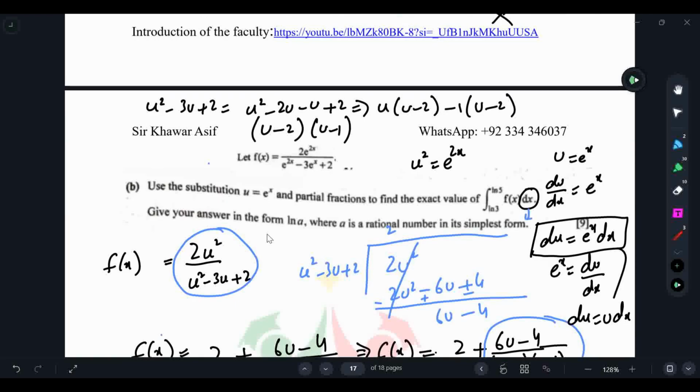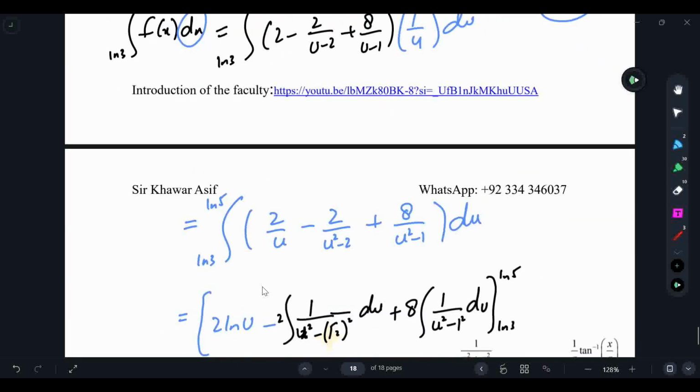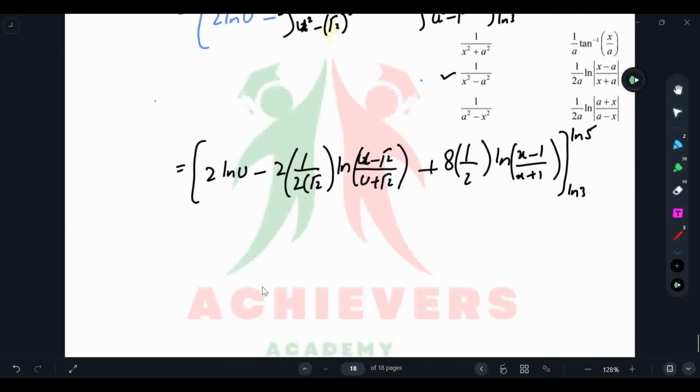So either we can convert it in the form of u, or we can convert it in the form of x. I think it is better to replace it again. So if we replace u equals e power x, just replace it over here so that there should not be any confusion regarding the limits.